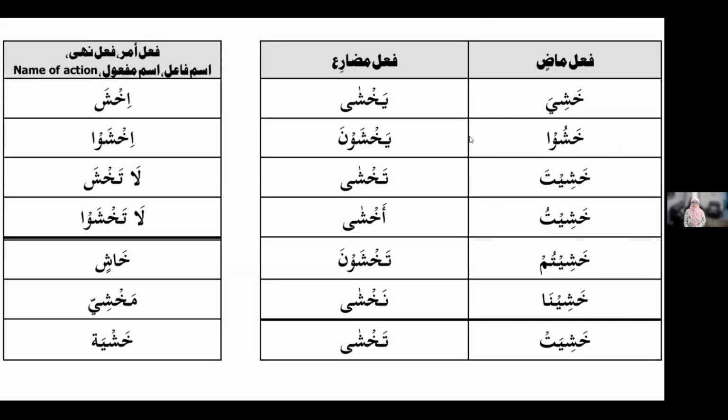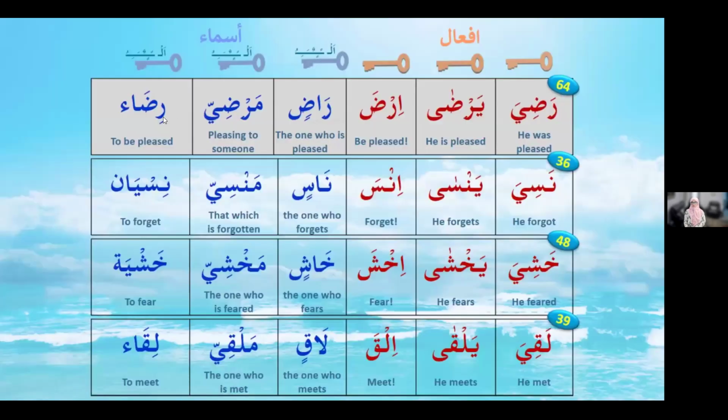Okay, one more thing. Let me go back here. So this, you must remember the 6 keys. You must remember. Let's go through these. I want to go through these before we proceed. Radiya, yarda, irda. Radin, mardiyun, rida. Now let's do the nasiya. Nasiya, yansa, insa.